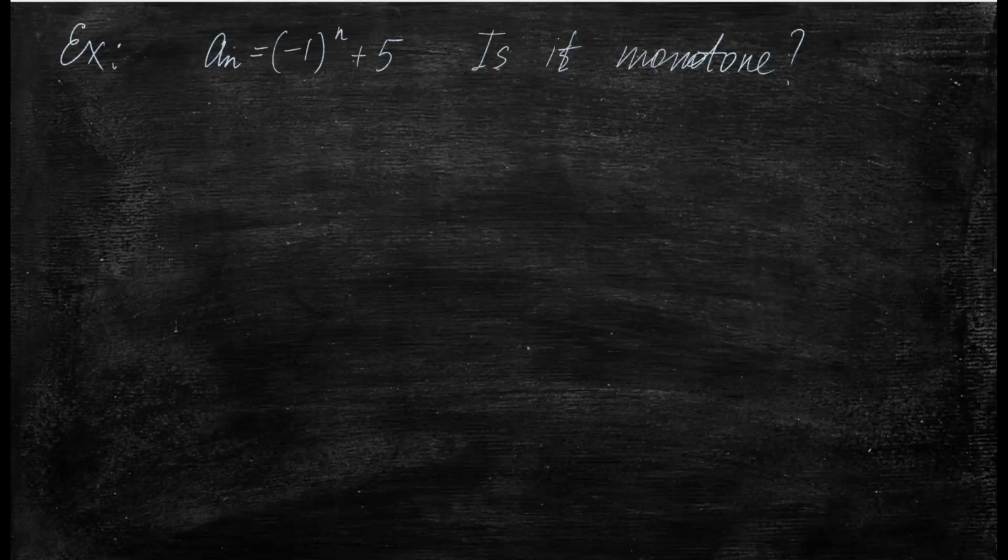The answer is it would be yes if it was strictly increasing or strictly decreasing. So we would say no if it's not increasing or decreasing, that is, if it changes its behavior. So first it's increasing, then it's decreasing.